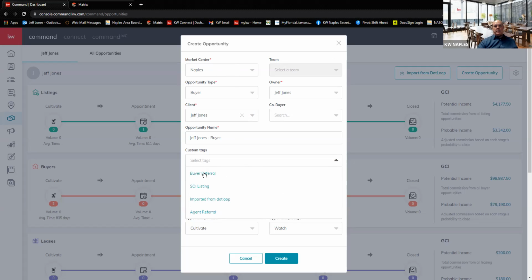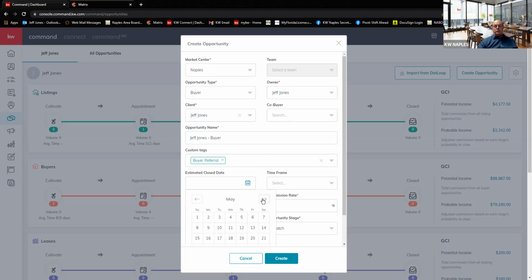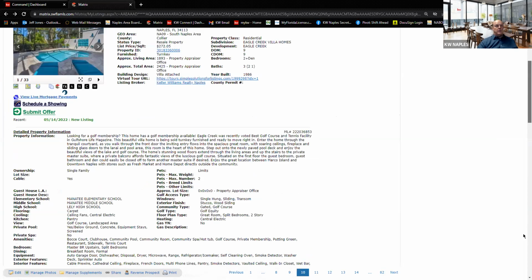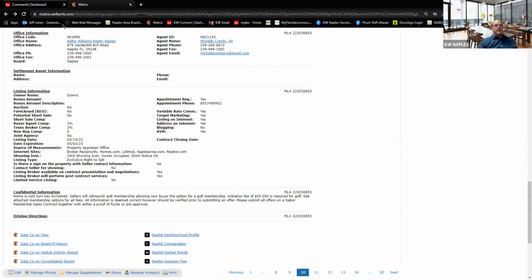If you have a tag, or an estimated close date, maybe you work with the lender and the lender says, oh sure, we can be ready by June 17th. And from our MLS, we get the commission rate, which is 3%.